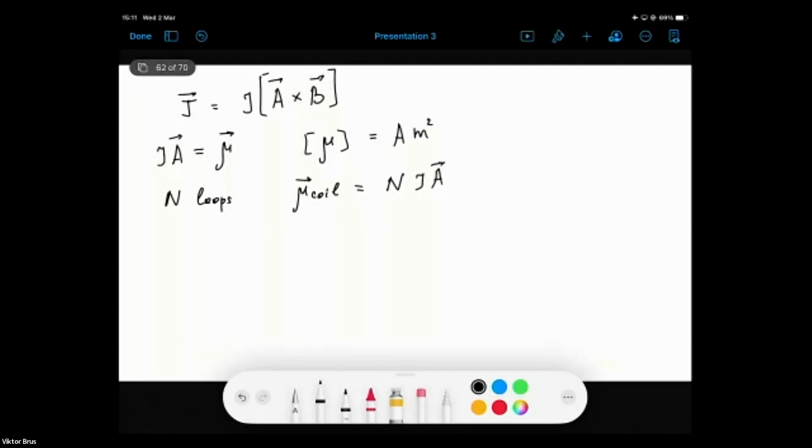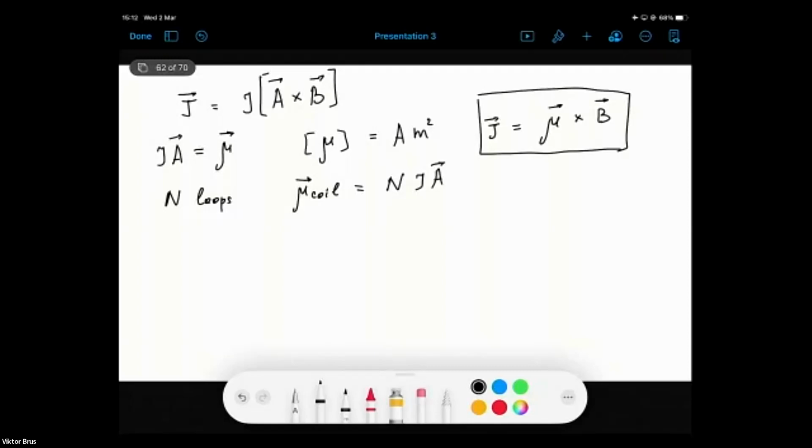So now, taking this into account, we can write that the torque exerted on a current loop in an external magnetic field can be given by the vector product of the magnetic dipole moment mu and the magnetic field vector B. So that is what we need to know about the torque exerted on a current loop in a magnetic field, which can be determined by this simple equation if we operate with the parameter magnetic dipole moment.